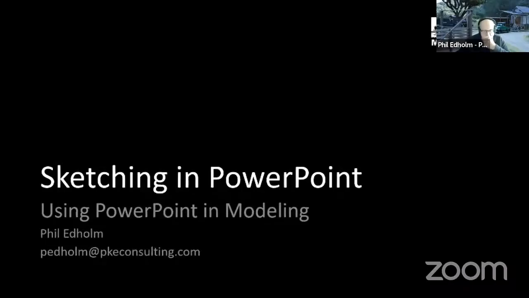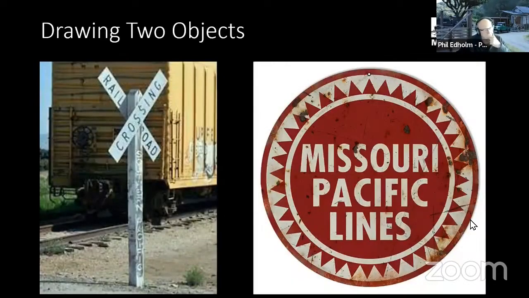So what I want to do now is talk a little about how to sketch in PowerPoint. Tonight's going to be a little different as a presentation because I'm only going to have a couple of slides. We're going to start moving away from using slides and move more into actually doing the presentation.